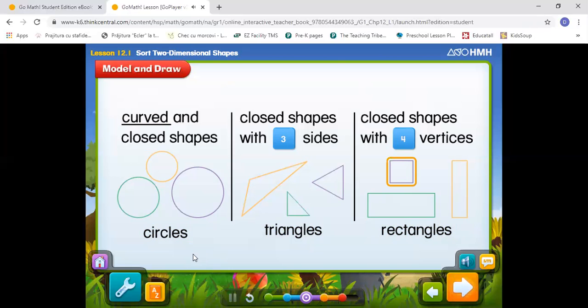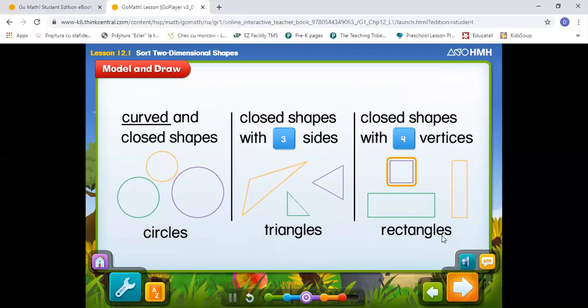So let's see again. How can we describe circles? They are curved and closed shapes. You can repeat with me. Curved and closed shapes. What about triangles? They are closed shapes with 3 sides. 3 sides, 1, 2, and 3, and 3 vertices, 1, 2, and 3. So closed shapes with 3 sides.